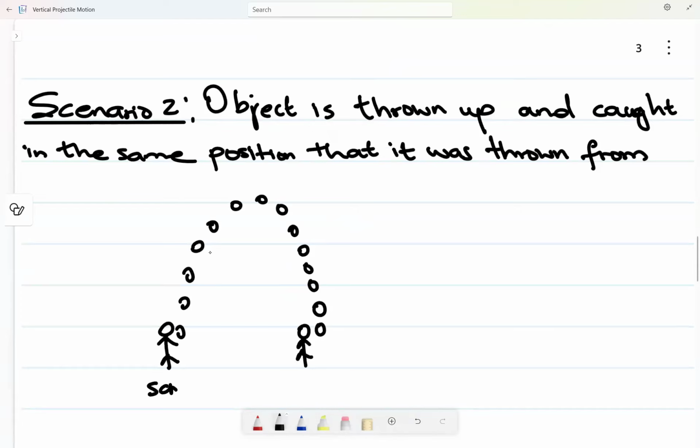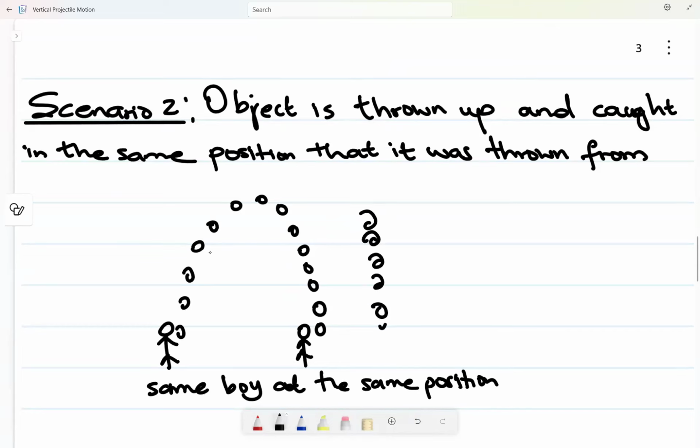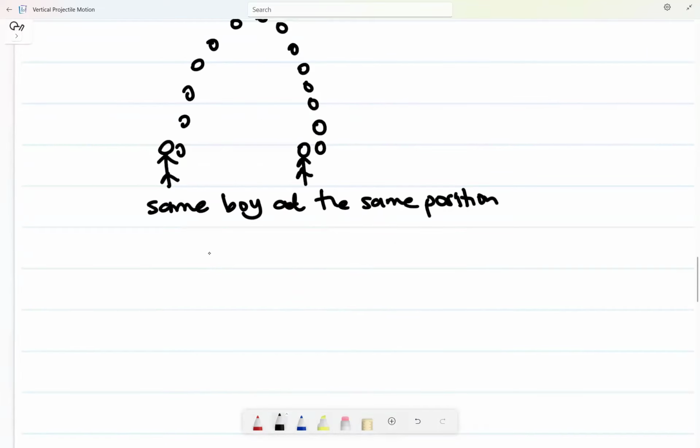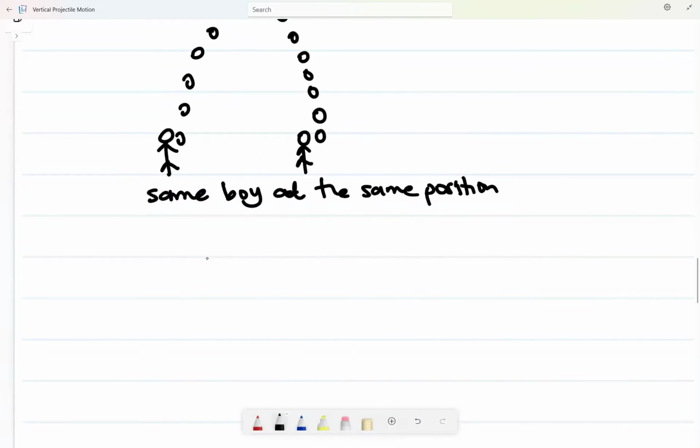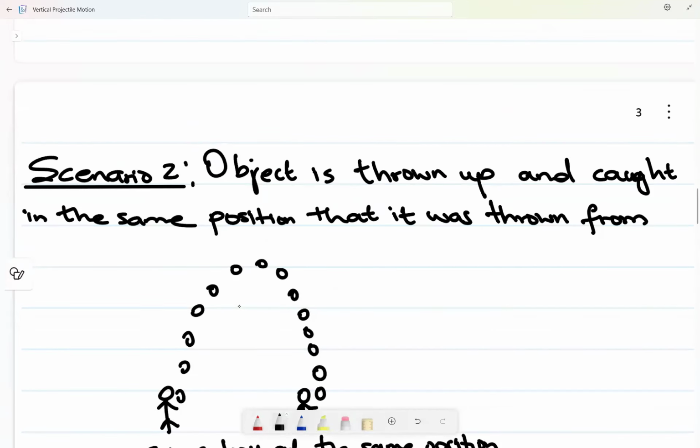Okay, same boy, at the same position. Why am I doing it like this? I'm trying to say it goes upwards like this and comes back. Can you see it's going to be messy? So when the ball is thrown upwards from a particular height and comes back, how are we going to draw this?